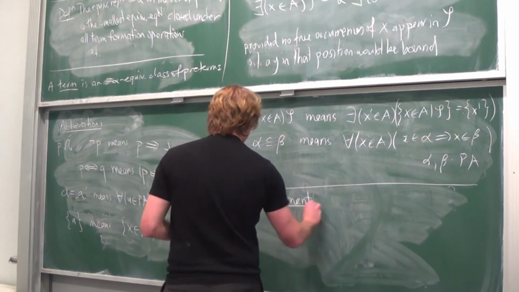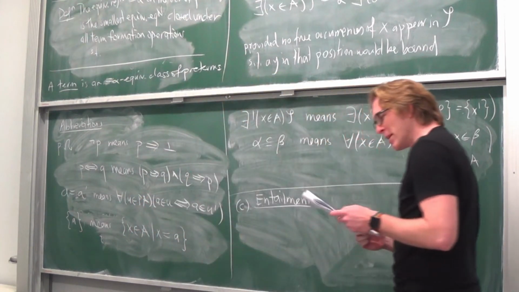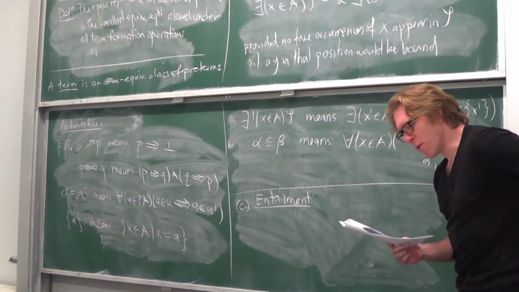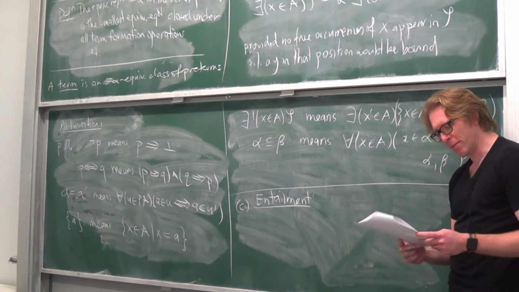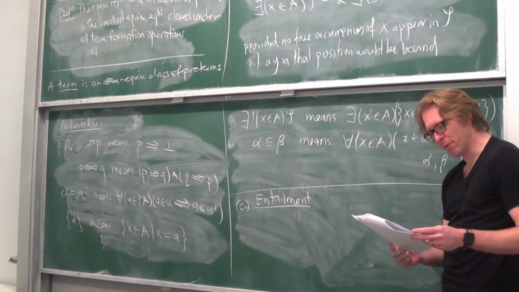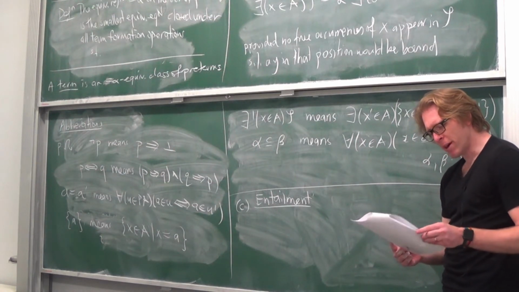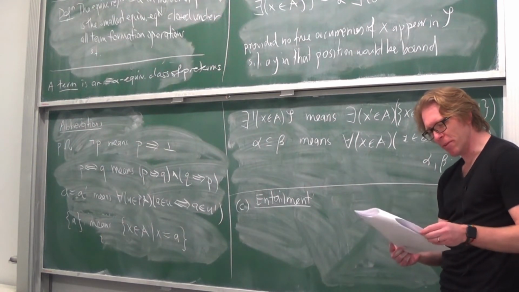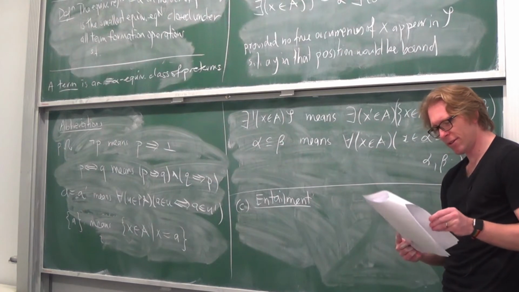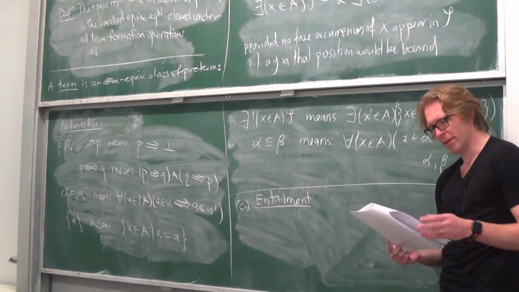Now, the thing that we have to process about entailment is what the role of this X is actually, right? Apart from that, it just looks like fairly normal sequent calculus kind of stuff. That will become apparent in the example that's on page 7, I think.